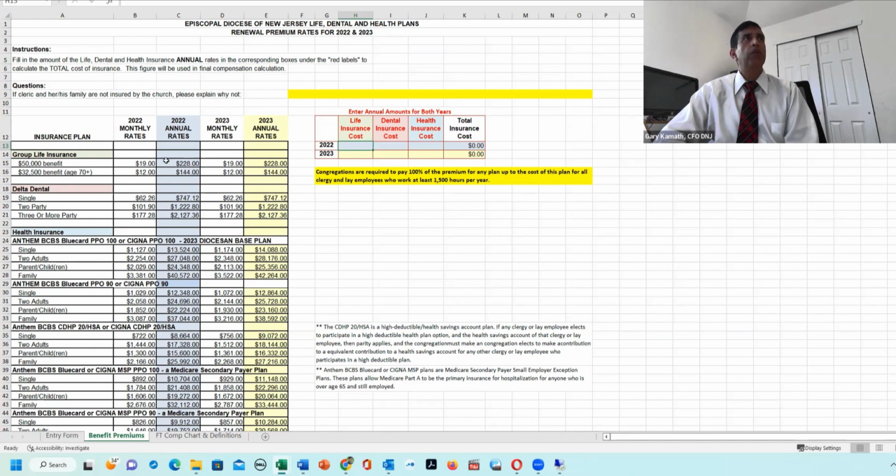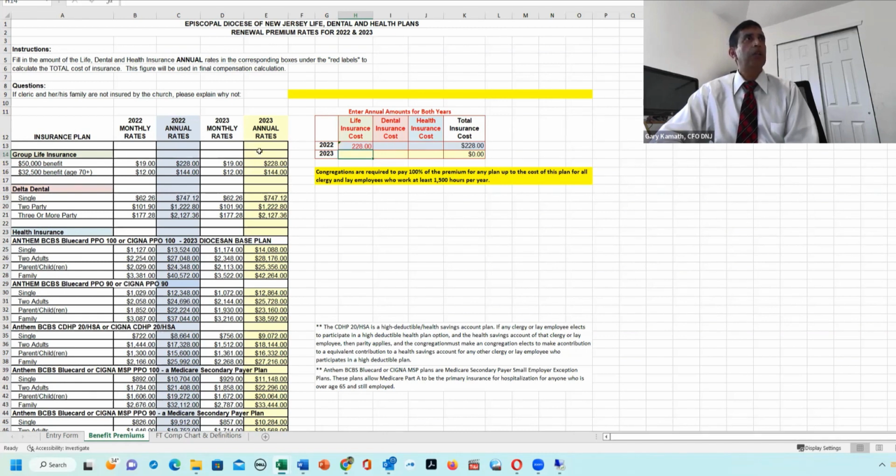If they're 70 or below, it's 50,000. So the annual rate for clergy is $228. So here you should put in $228. Instead of typing it in, it's usually better to refer to it directly, because when you type it in, you may make a mistake and put a different amount there. So here I'll put in $228.